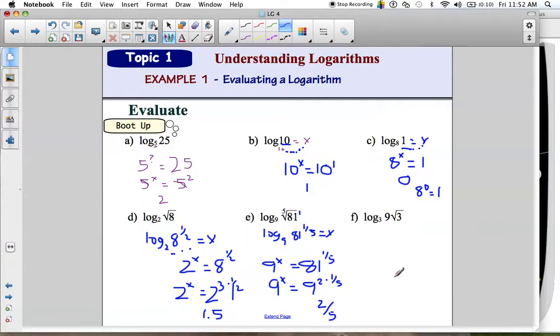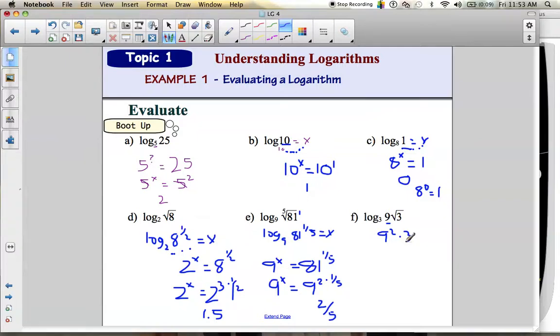Okay. Now this one, this 9 right here is out in front of the radical, which we call a mixed radical. When we're dealing with logs, it's much easier to make the mixed radical into an entire radical and work with that. So that's easy. We just take the 9, we square it, and we times it by the 3.